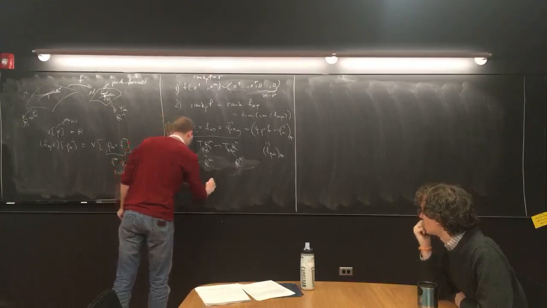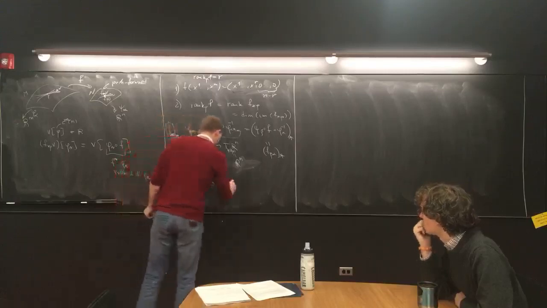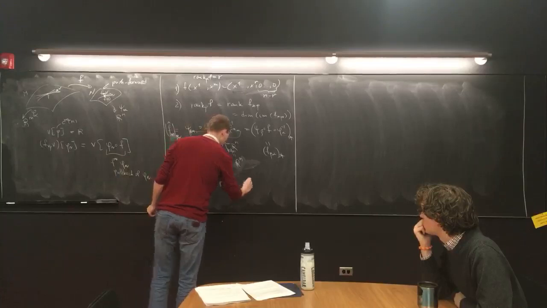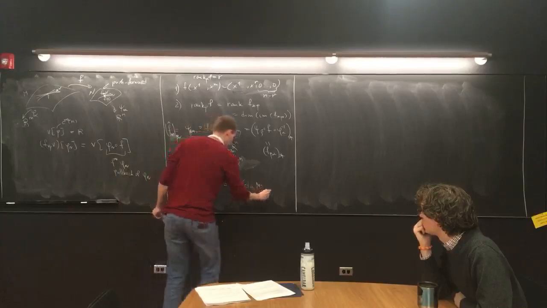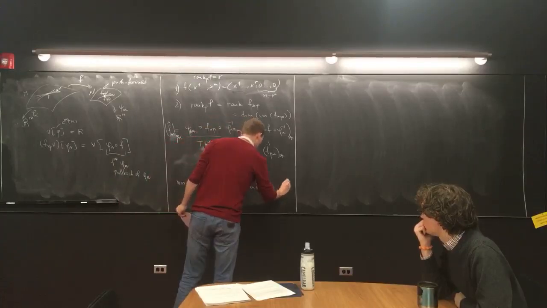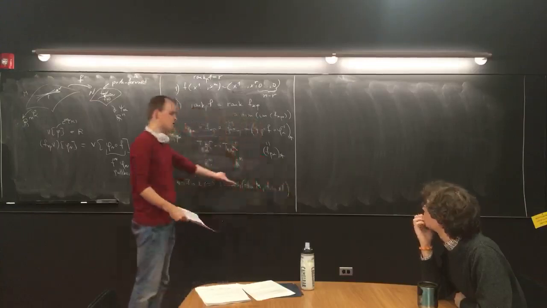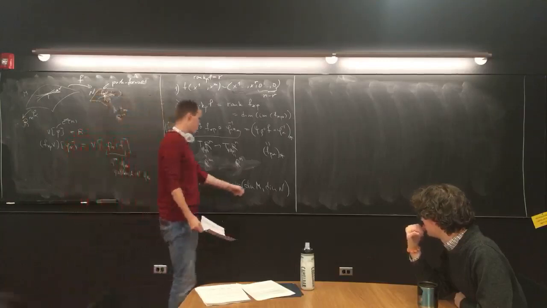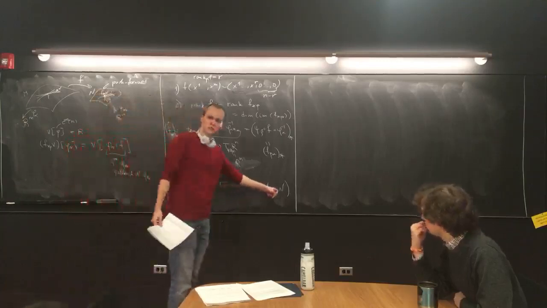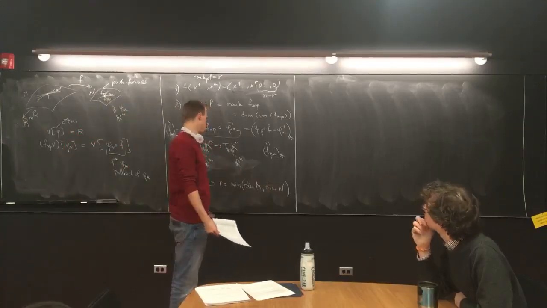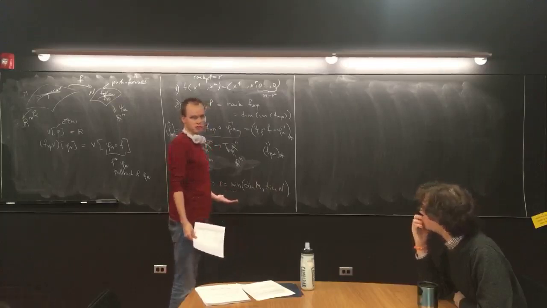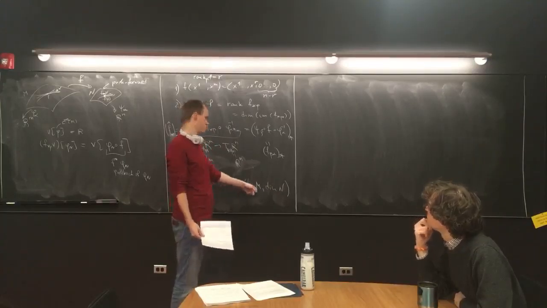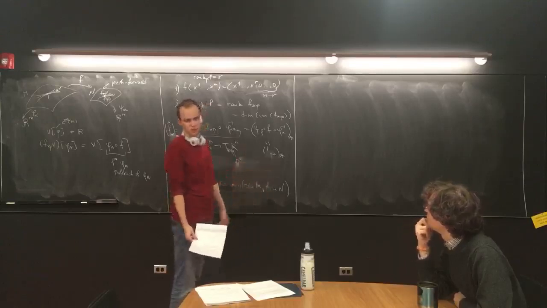Max rank is the same as rank equal to the minimum between the dimension of m and the dimension of n, because the rank cannot be higher than that. If the dimension of m is lower than the dimension of n, a map of maximal constant rank is called an immersion. And if the dimension of m is higher, then it's called a submersion.